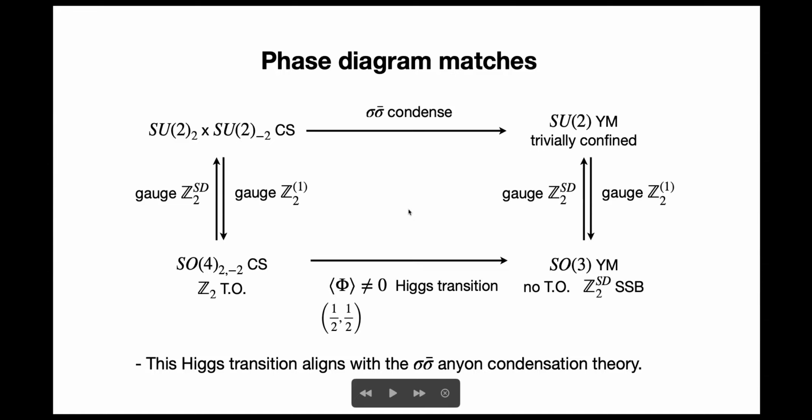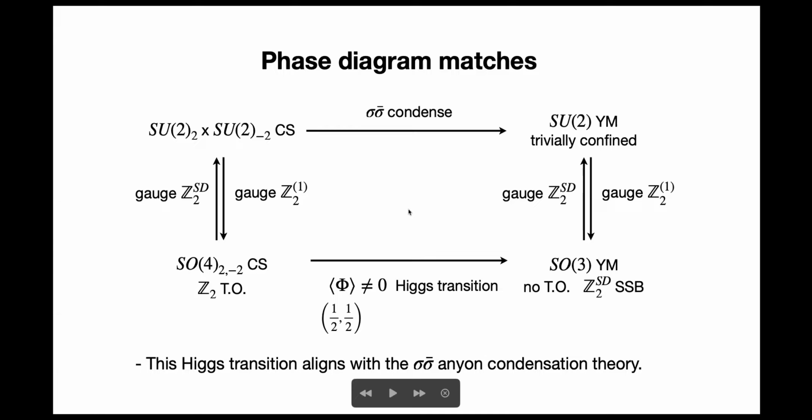And if you gauge the Pacific bar line, you get back. In particular, along this horizontal direction, we have this phi field, a real scalar under SO4, which means that it's the one half under the double SU2. And indeed, that should correspond to this one half or sigma bar in the double SU2.